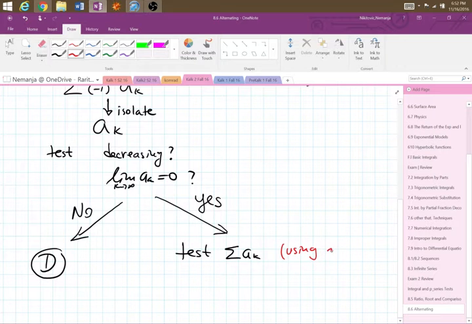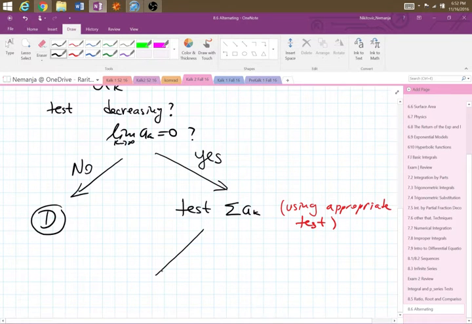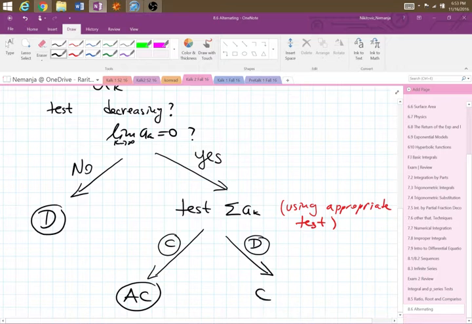Appropriate is the word. Meaning you already have those 9 tests that you know. It might be integral, it might be p-series, it might be geometric, telescoping, whatever. And then if it converges, you will have absolute convergence, and if it diverges, you will have conditional convergence.